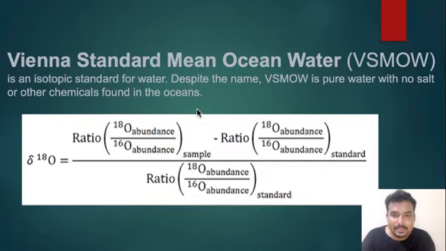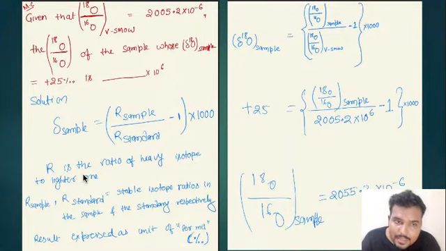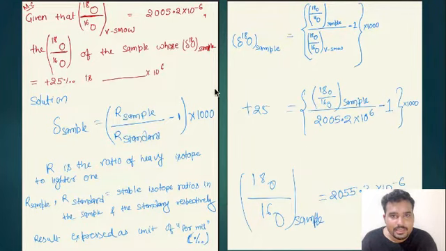So 1000 is basically for per mil. Per mil के लिए we used to write 1000. R is the ratio of heavy isotope to the lighter one. R sample and R standard are the stable isotope ratio in the sample and the standard respectively. The result is expressed in per mil. So that's why parts per thousand वैसे हम लोग लिखते हैं.